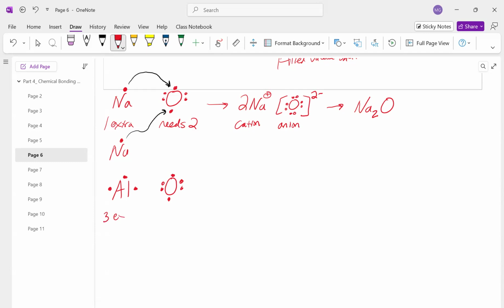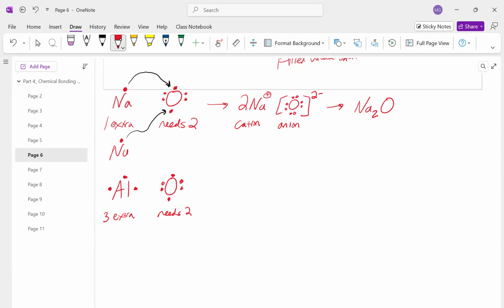So aluminum's got three extra electrons, and oxygen again needs two. Now you can go through the math and start to realize how many of each one I need in order for everything to have a full octet. But let me give you a little bit of a shortcut.